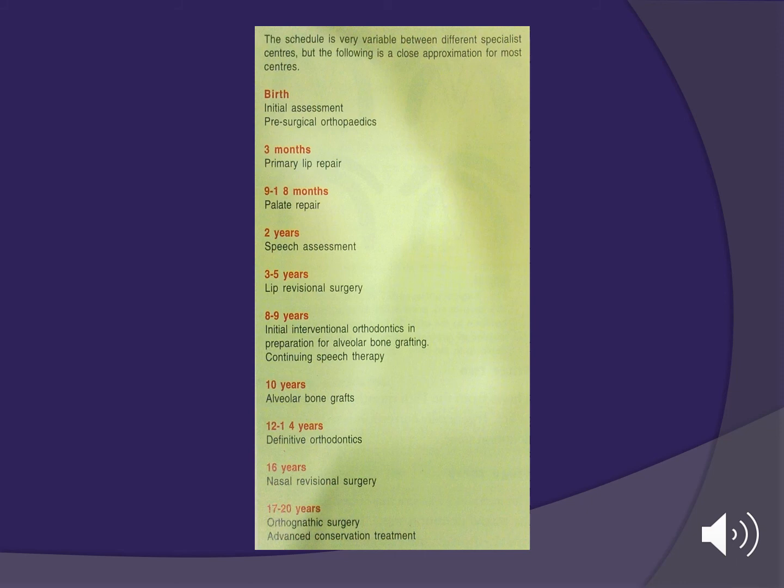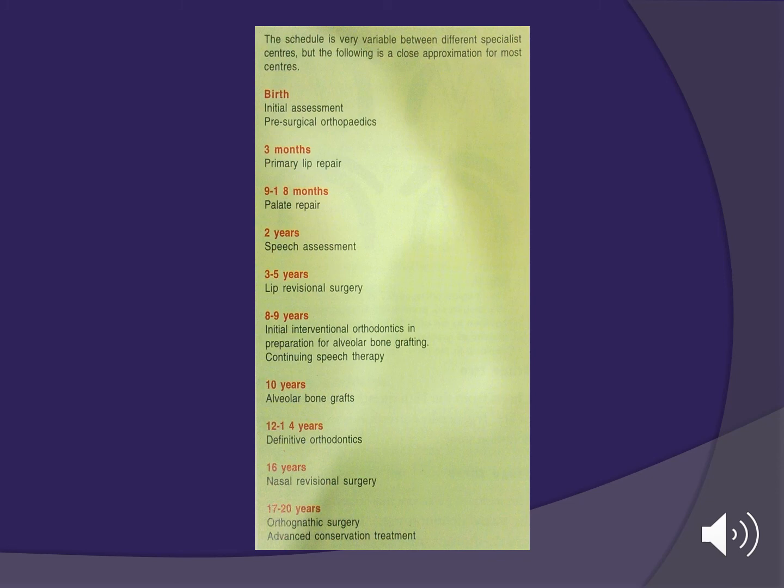Around 16 years old, the plastic surgery department will do nasal revisional surgery, and then when the growth has stopped, around 17 to 20 years old, the oral maxillofacial surgeon together with the orthodontist will do combined orthodontic and orthognathic surgery, and then we will have advanced conservation treatment for the cleft patient.